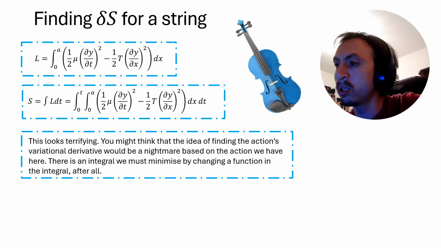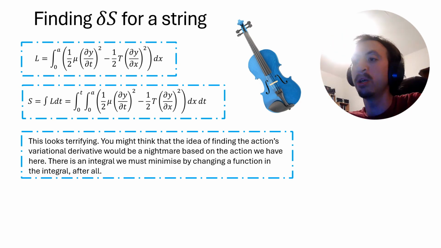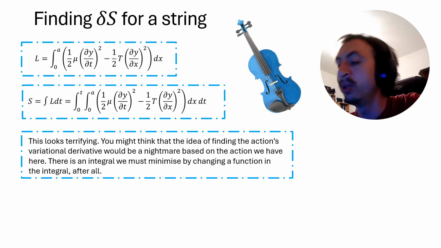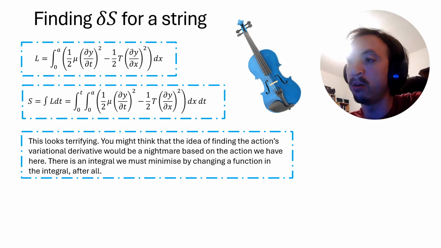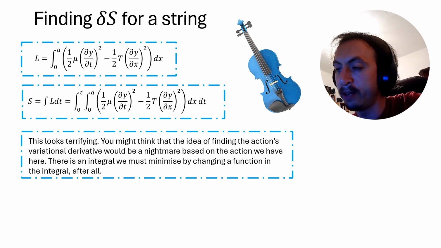A function is a mathematical object that takes in a number and gives you back another number. For example, a function is like y equals x squared. If I give it x is 1, it outputs y is 1. If I give it x is 2, it outputs y is 4. So I give it an input, it gives me an output, both of which are numbers. However, the action isn't like this.